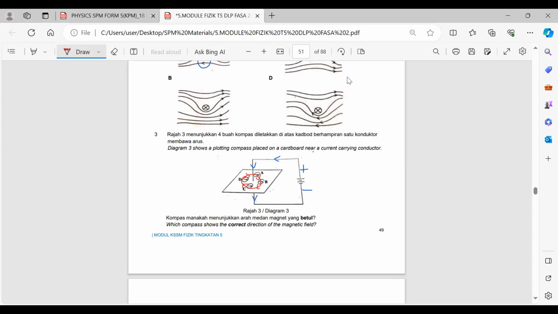So now can you tell me which of the compass appear to deflect in the correct direction of the magnetic field? Answer should be A.